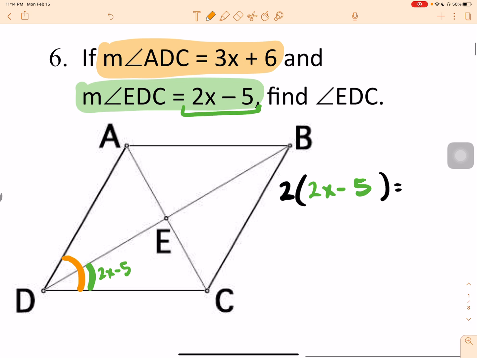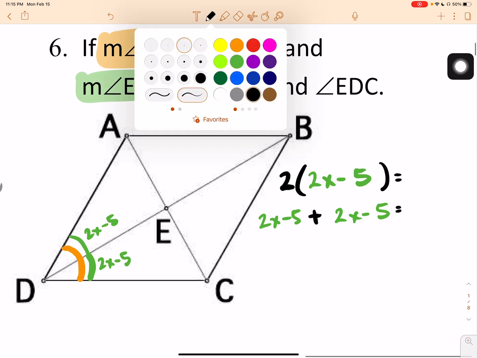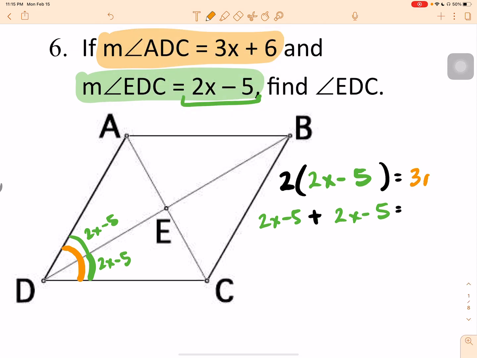Because 2 times that one, right? Or I'm sorry, plus 2x minus 5. So you could even write it as 2x minus 5 plus 2x minus 5. That would be the same thing as multiplying 2x minus 5 times 2. Exact same thing. You'll get the same answer. But regardless, this is equal to 3x plus 6.